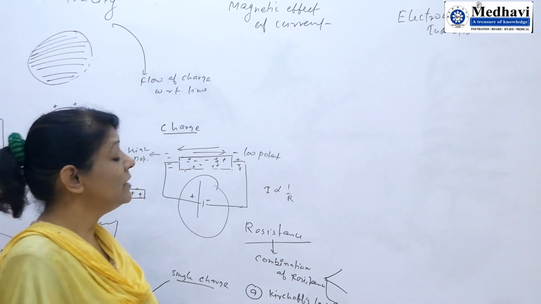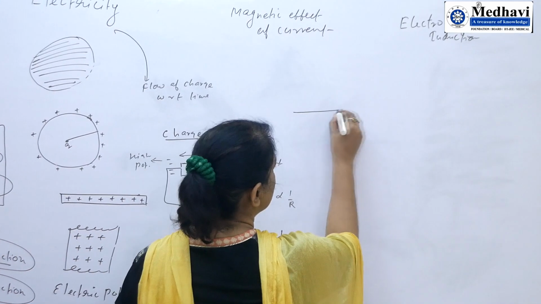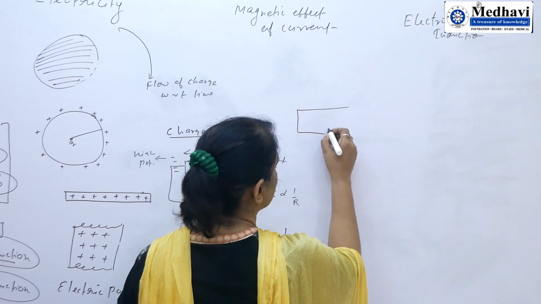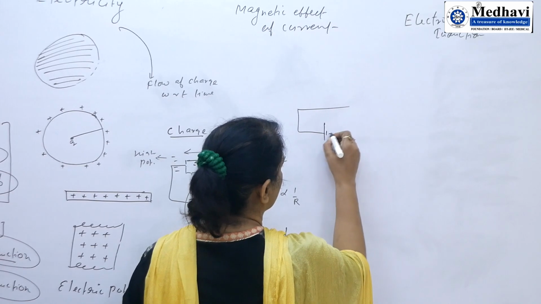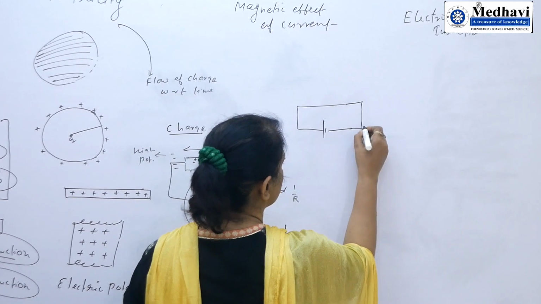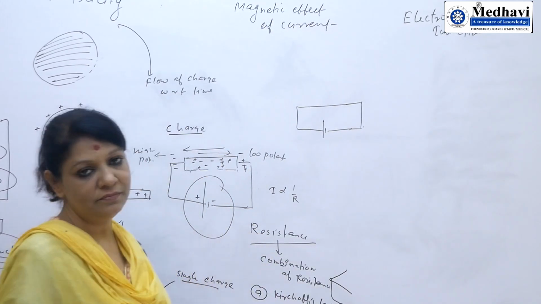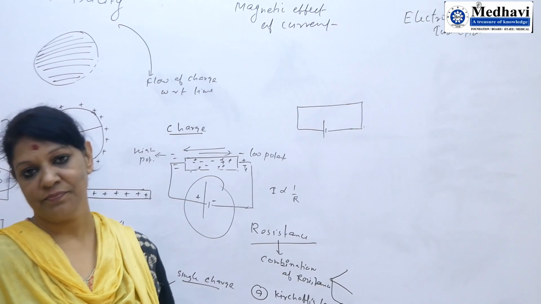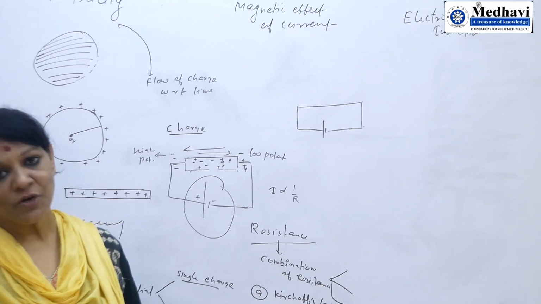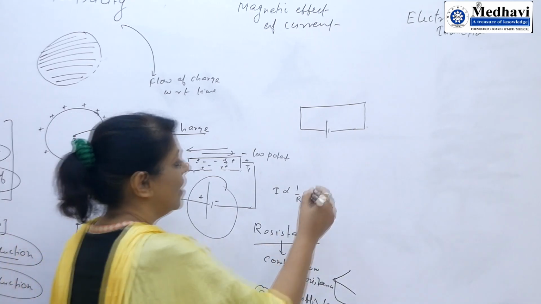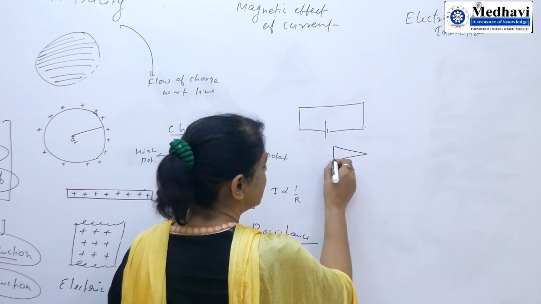Here, Oersted took a wire having a battery or cell, and he took a magnetic compass.